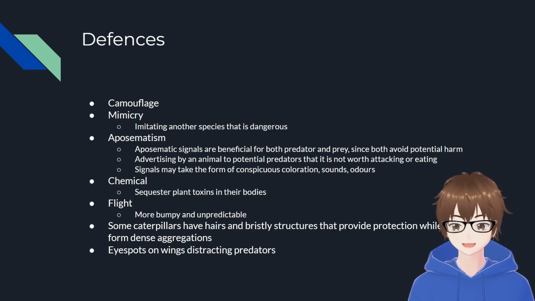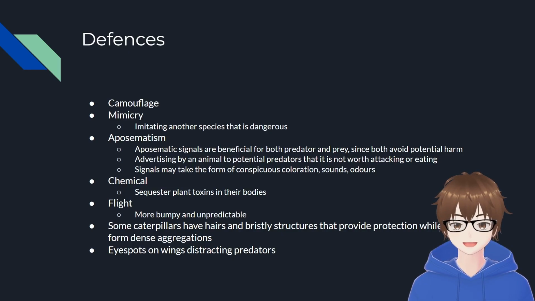So, we've already talked about some of these defenses here, camouflage and mimicry, of course. Then we have aposematism, which is aposematic signals, which are beneficial for both predator and prey since both avoid potential harm. This is advertising by an animal to potentially make the predator not want to eat it.